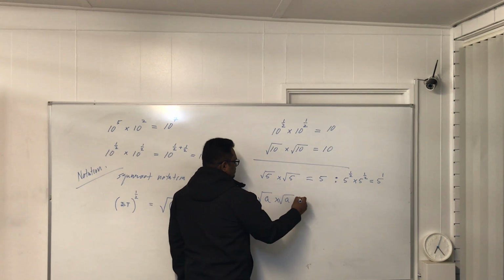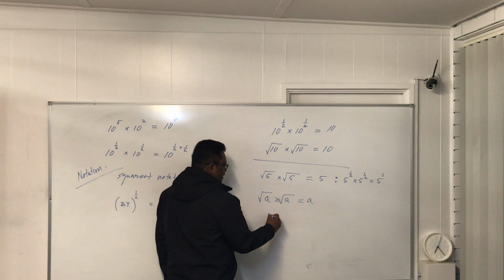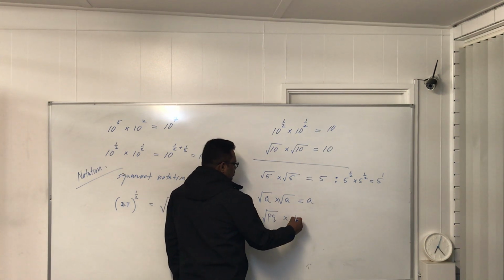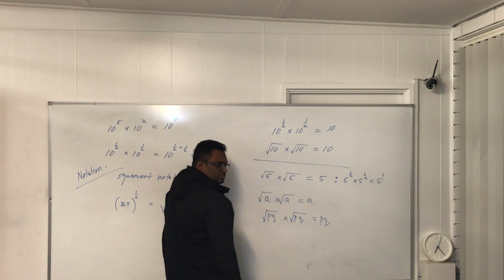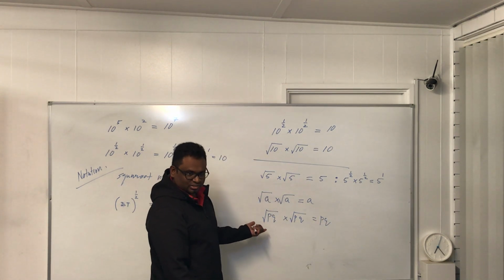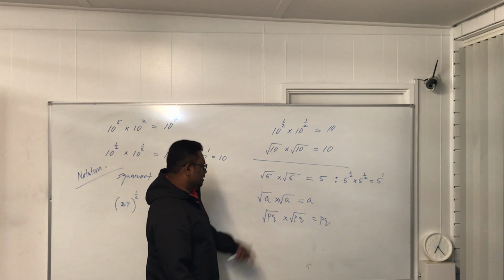What is that? 8. Then I can say square root of pq times square root of pq. What is the answer? pq. Can you see the structure now? So this will work.